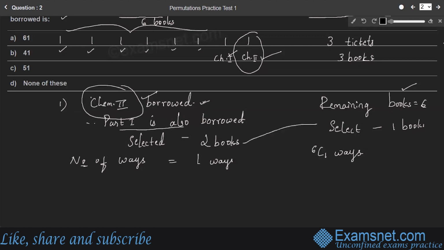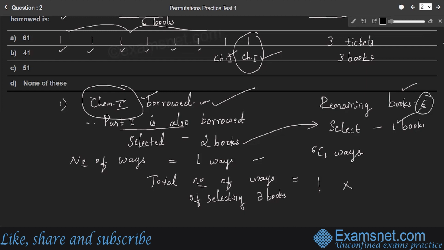Therefore, the total number of books becomes 3. The total number of ways of selecting 3 books is equal to the number of ways of selecting 2 books in which chemistry part 2 is included, which is 1 way, into the number of ways of selecting 1 book out of the 6 remaining books, which is 6C1 ways.